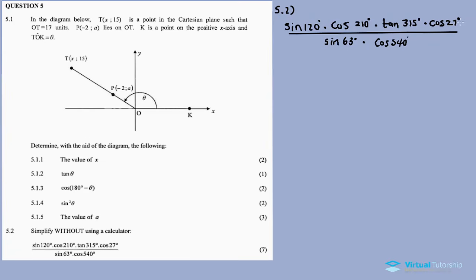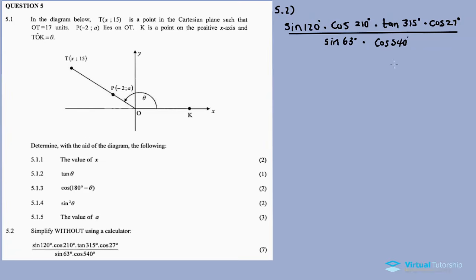This one is fine, so we can leave it. I'll discuss this one later. The 63 and the 27 have something to do with each other, I'll explain as I simplify, and then we have cos 540 degrees, which is another angle we must reduce.